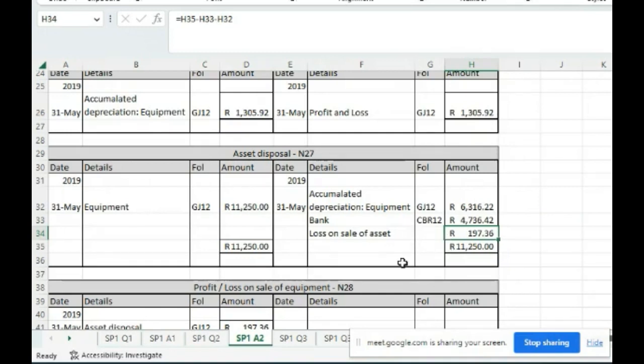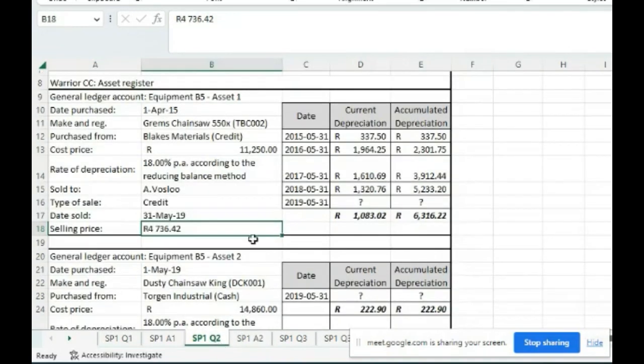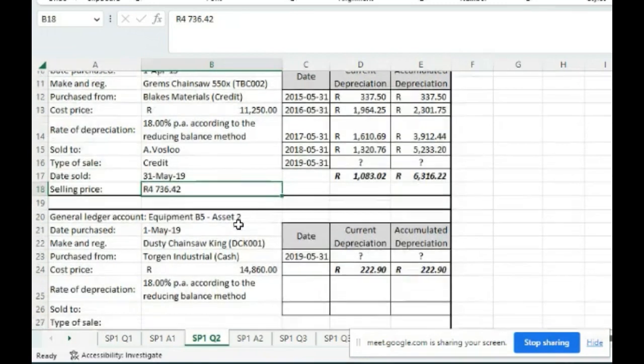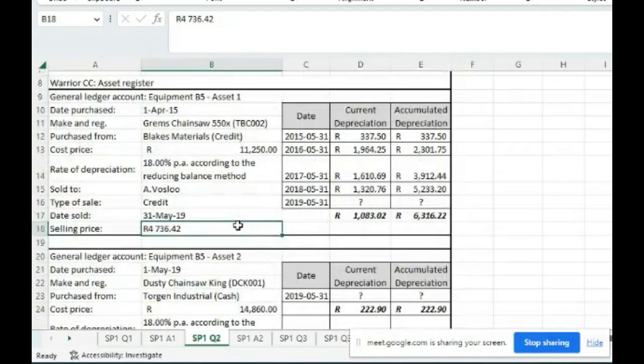Now, obviously, if we make a profit, then it will appear on the debit side, not on the credit side. Now, how can I know that this amount of 197 here is correct? It's something that I did here already, because you will see that if we look at this asset here, we bought it for 11,250, and by the time we sold it, the accumulated depreciation was 6,316.